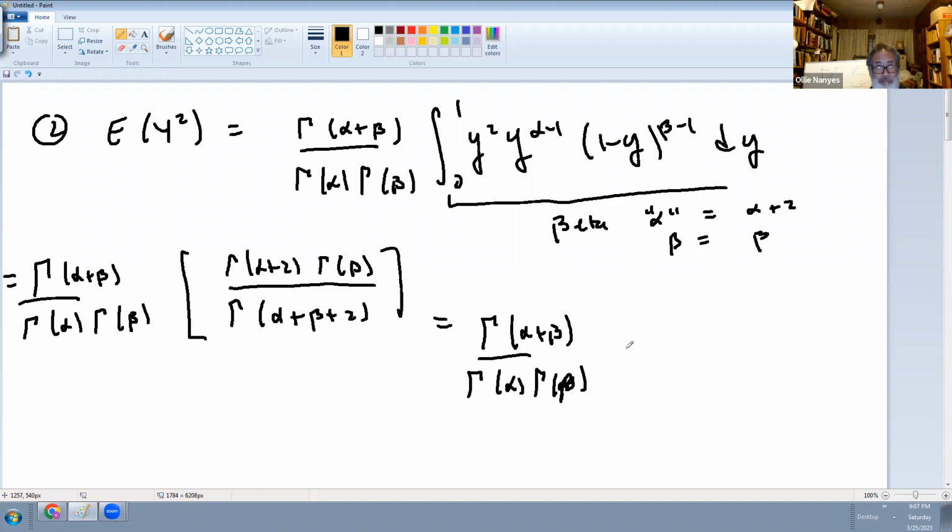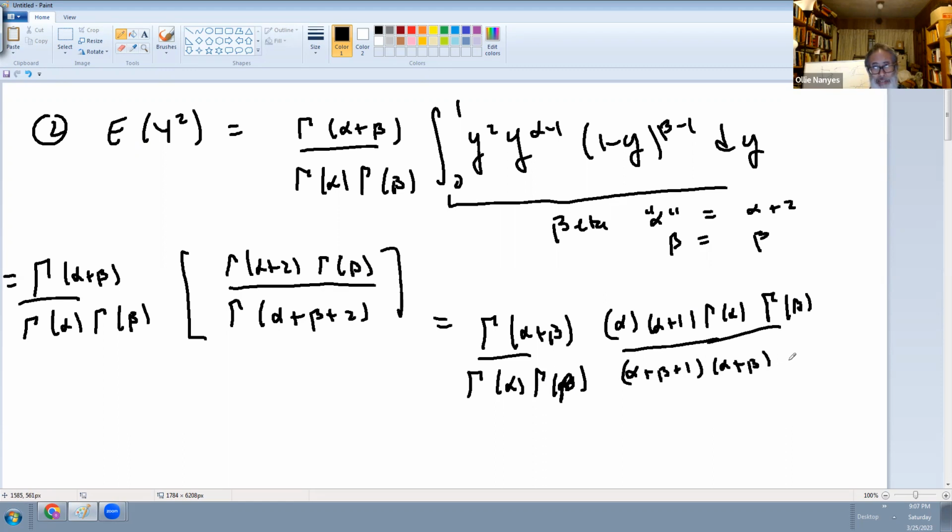The top is alpha plus 1, alpha, gamma of alpha, gamma of beta. And the bottom is going to be alpha plus beta plus 1, alpha plus beta, gamma of alpha plus beta.